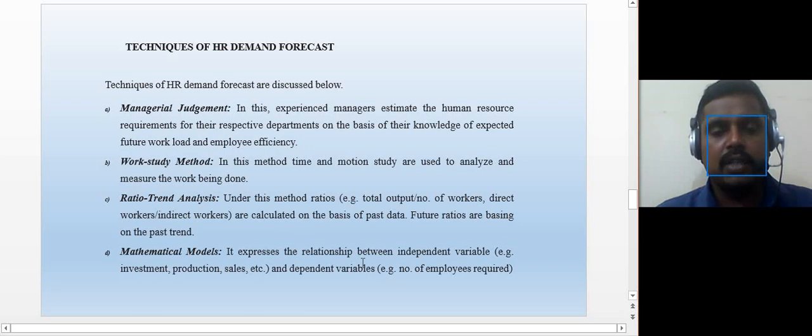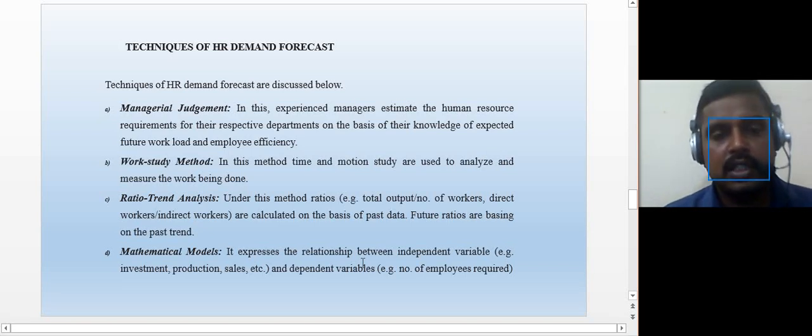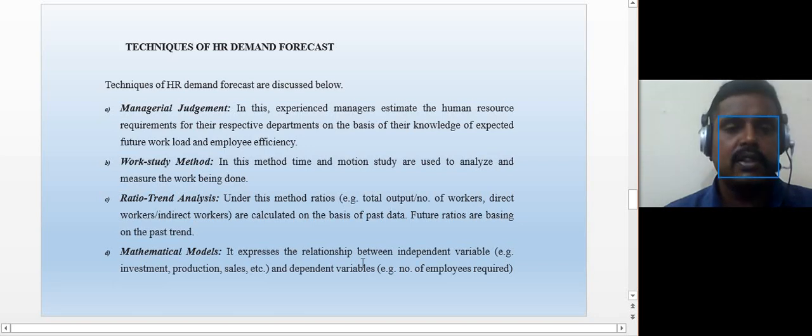The mathematical model always talks about variables: which is the independent variable and which is the dependent variable. The number of employees required is the dependent variable. The independents are the percentage of amount invested in the business, the enlargement of that particular production unit, and demand, to predict future sales and present requirements, and everything else.